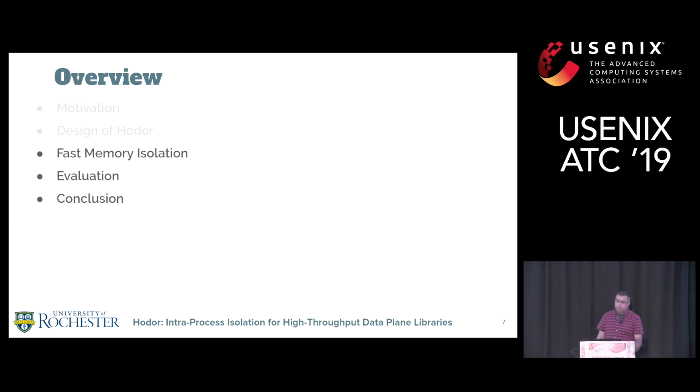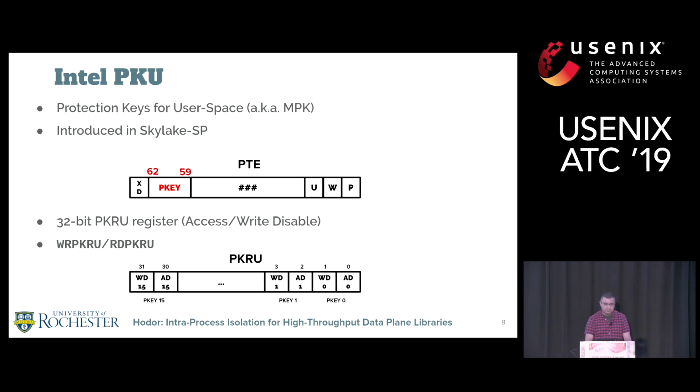In the next part, I'm going to be talking about how we achieve fast memory isolation to protect libraries. Starting with the Skylake SP, Intel introduced protection keys for user space, also known as memory protection keys or MPK, which enables an address space to be partitioned into 16 different domains.